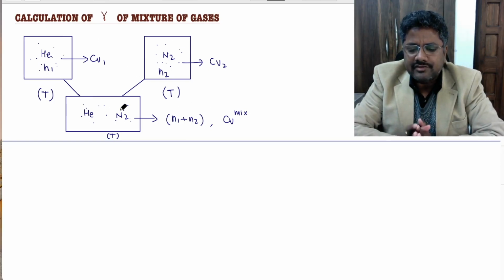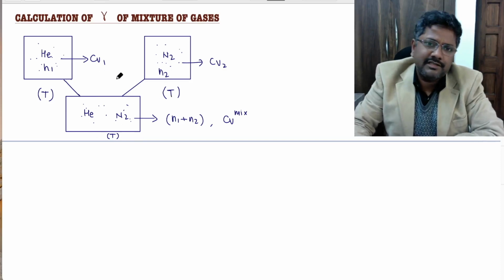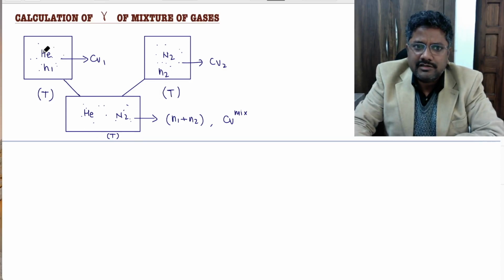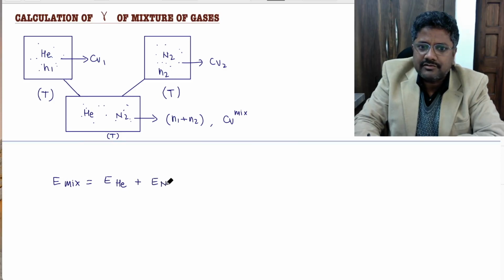Very easy calculation here. Now can you write this energy? I mean, energy you can add or subtract. So what energy you are getting in this mixture from here, and what energy you are getting from this in the mixture, you can add. So you can write a very simple relation: energy of the mixture is equal to energy of helium plus energy of nitrogen, right? This is the basic equation.